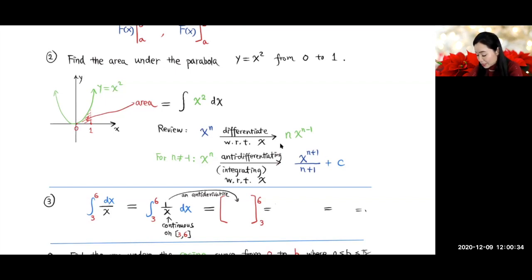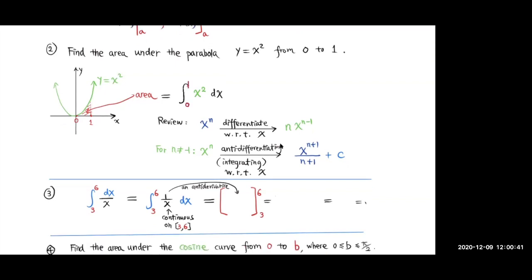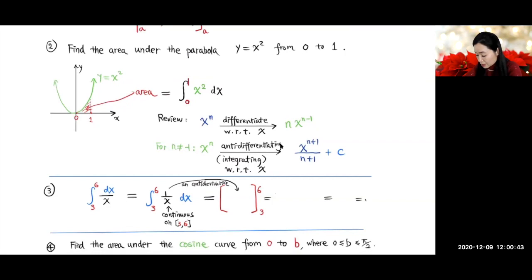What are the upper and lower limits here? 0 and 1, right? x goes from 0 to 1. Now, that corresponds to this area under this curve from 0 to 1. So that's this integral here. So we just need to find an antiderivative of this function. Can you think about it? So an antiderivative.